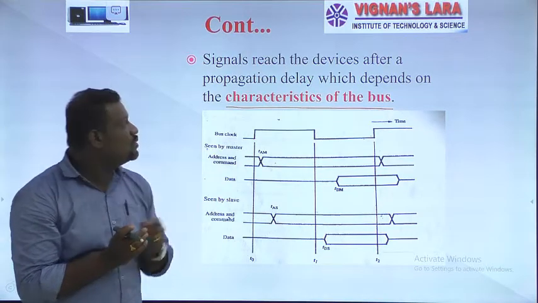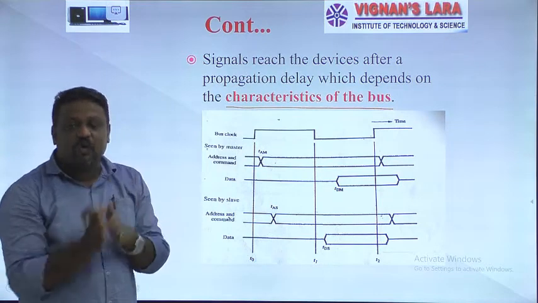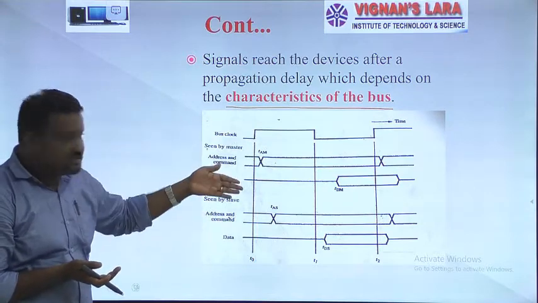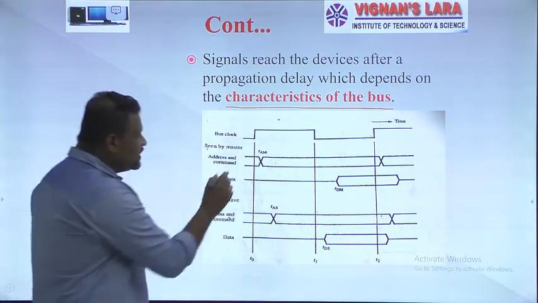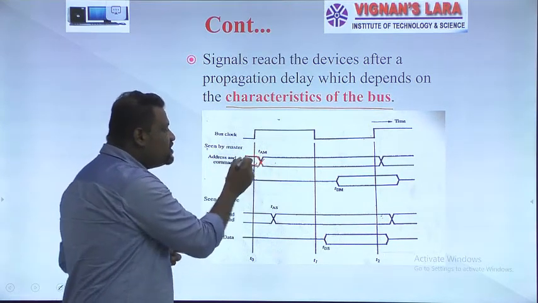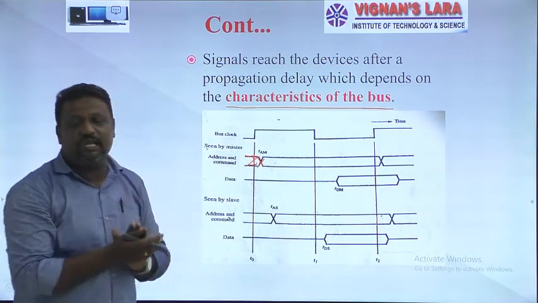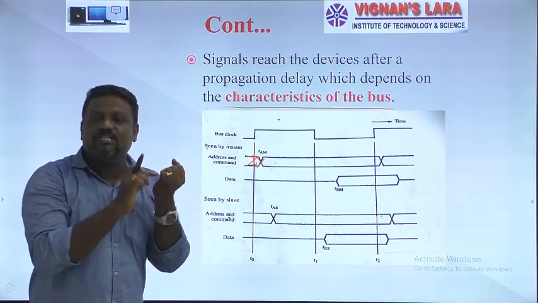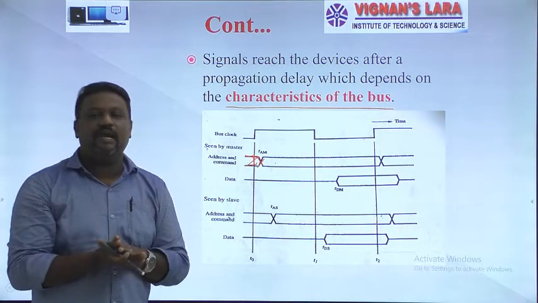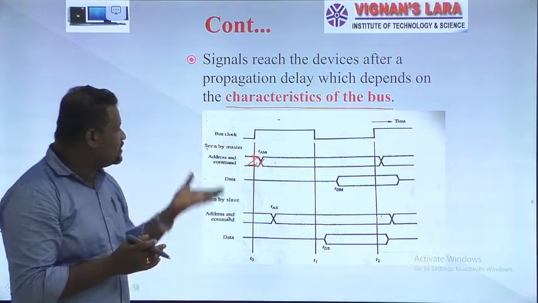So if you observe this, friends, my signals are not idealized here. I consider the propagation delays. In the previous case, the address and commands were placed right here itself, but now it takes a certain amount of propagation delay. Why do we get this propagation delay? One reason is the speed of the bus, as well as the setup time of your interfacing circuits. Because of that, we get these propagation delays. So that is the important thing.